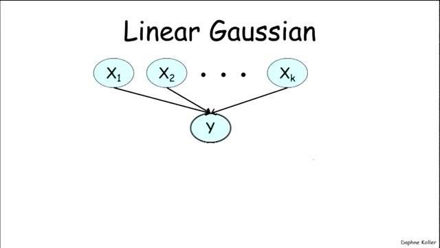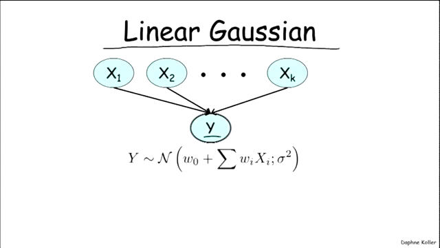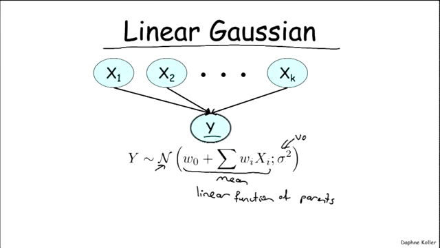So to generalize these models to a broader setting where we have a general variable Y, and Y has parents X1 up to XK, the linear Gaussian model has the following form. It says that Y is a Gaussian, so that's what the N stands for, whose mean is a linear function of the parents Xi, and that's why it's called a linear Gaussian, and importantly, whose variance doesn't depend at all on the parents.